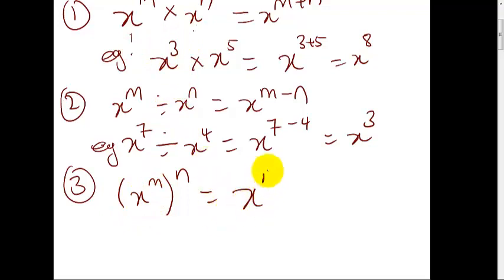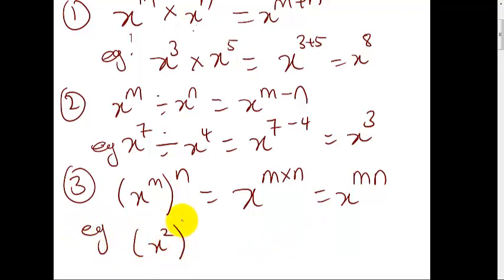So it's obviously going to be times. You times those two indices together, which becomes x to the power of m times n. All good? So another example: x to the power of 2, all to the power of 4. It's not 2 plus 4, it's 2 times 4.